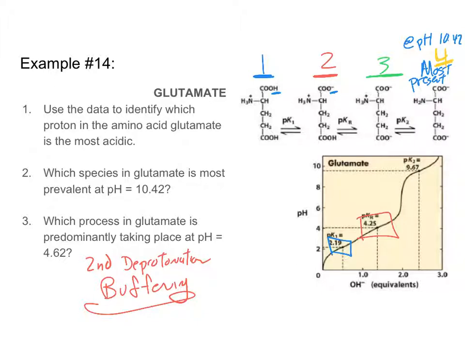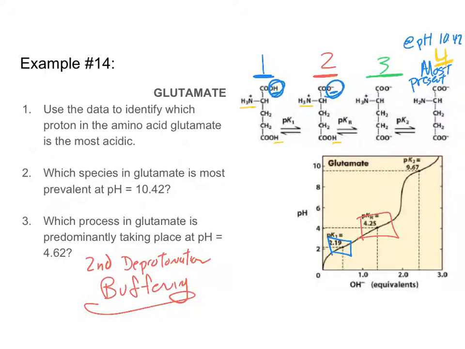Okay? So looking at the original structure, structure 1 versus structure 2, I'm looking for where the hydrogens are being removed. So from 1 to 2, the hydrogen that's being removed is the top H off the COOH, because going to the next one, this H is still present. This is the one that's absent.